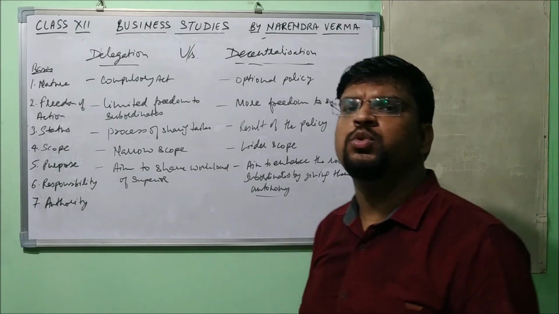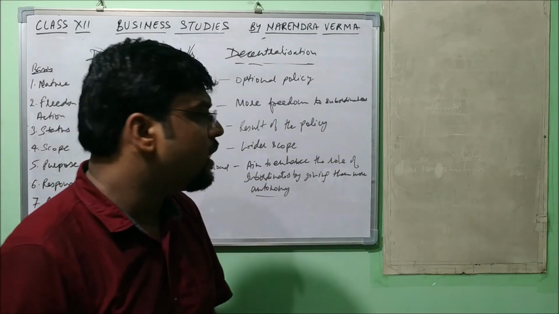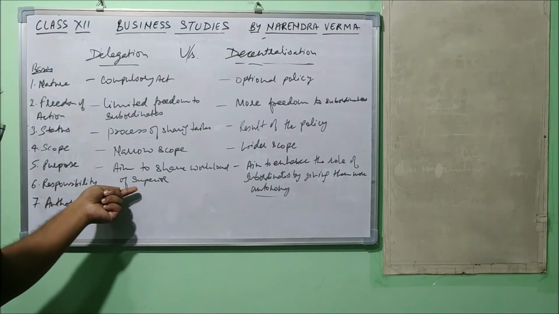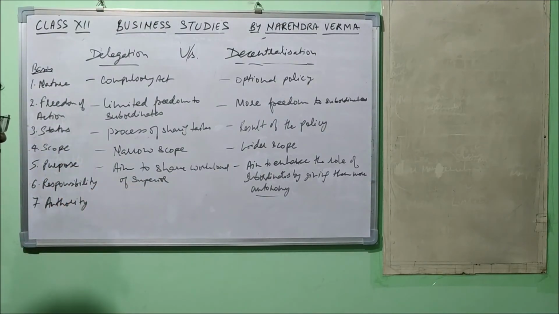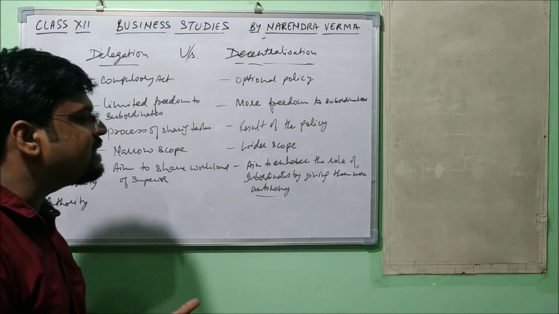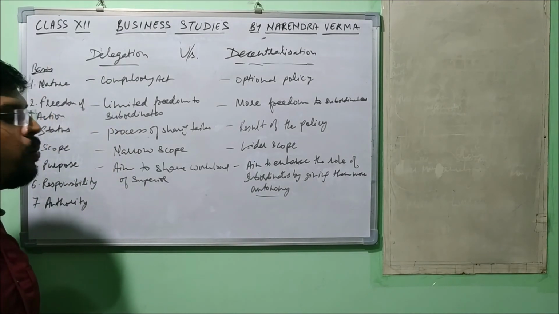Autonomy means freedom to exercise the power. So see the point of view: here we are seeing it from the point of view of the superior, where the aim is to reduce or share the workload. But here the aim is to enhance the role of subordinates by giving them more autonomy.